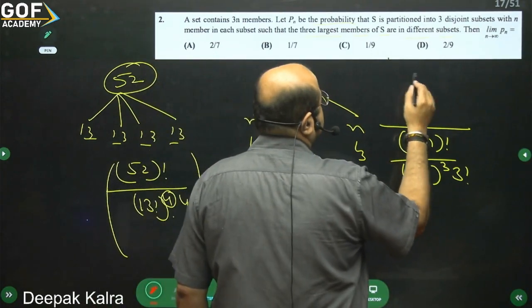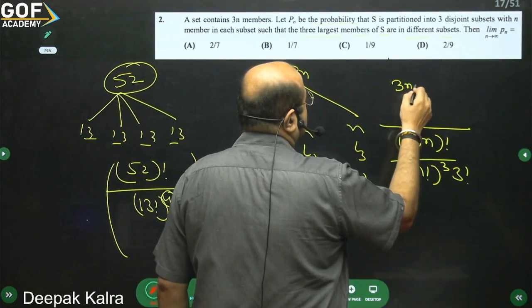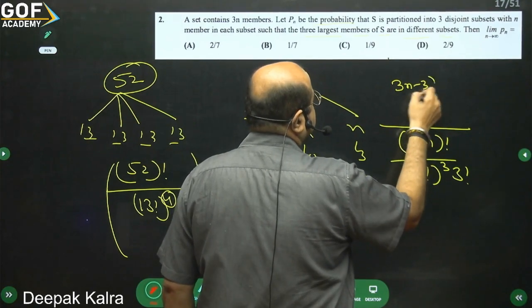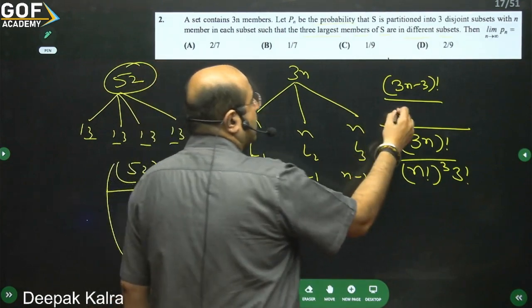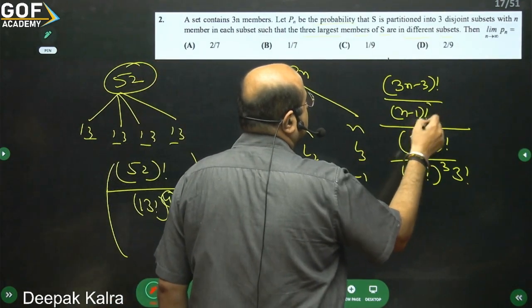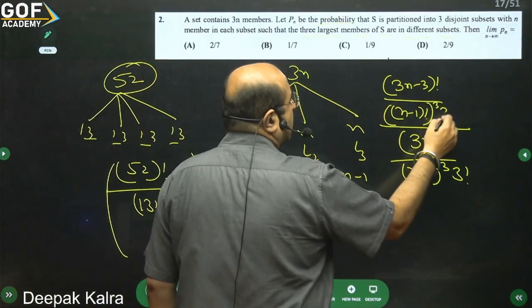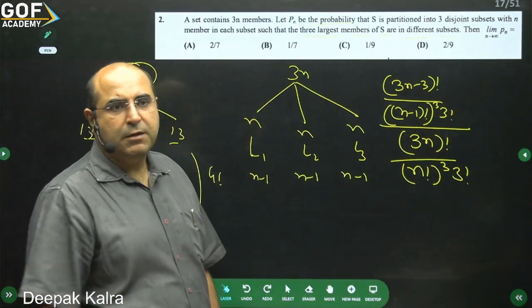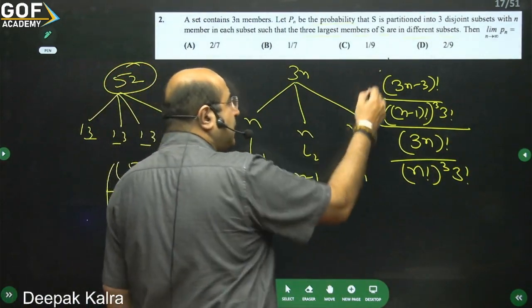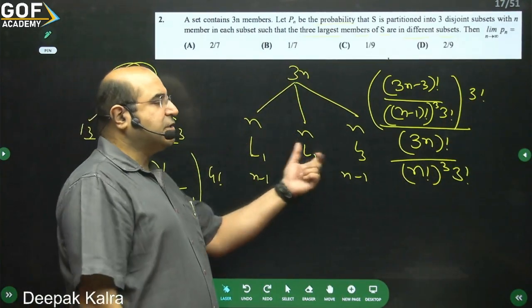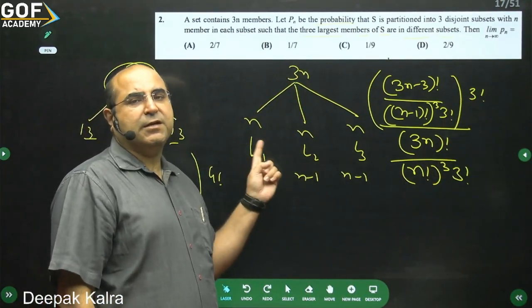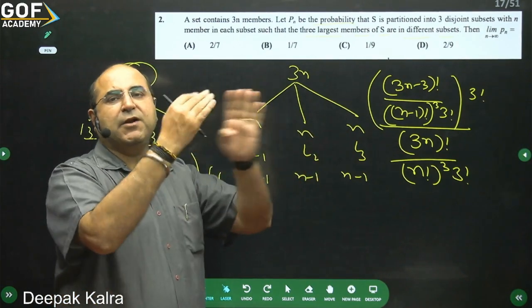So you have 3n minus 3 factorial over n minus 1 factorial cube into 3 factorial, multiplied by 3 factorial, because those 3 largest ones can go in any one of the sets, na?